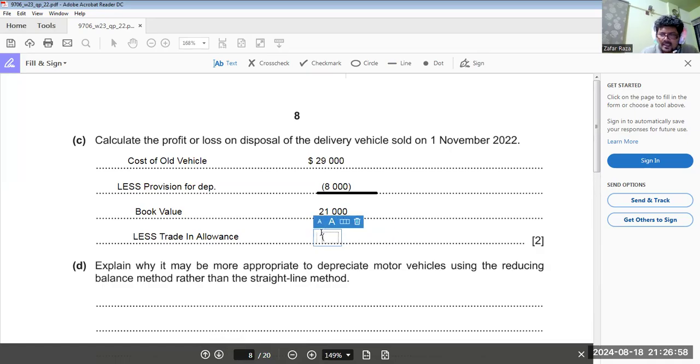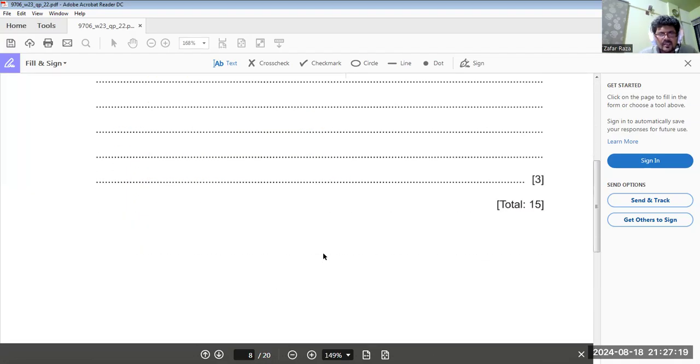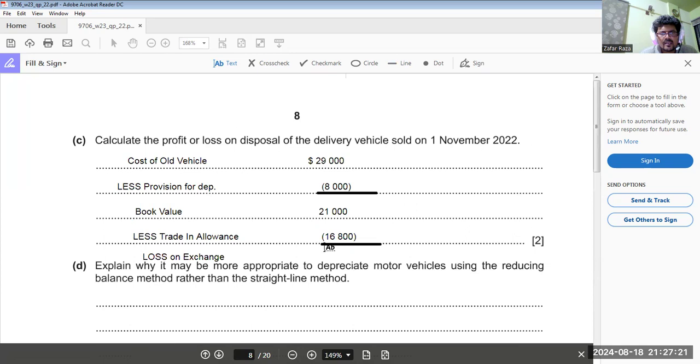In the bracket, 16,800. Okay. So loss, obviously loss on exchange would be 4,200. What will it be? 4,200.